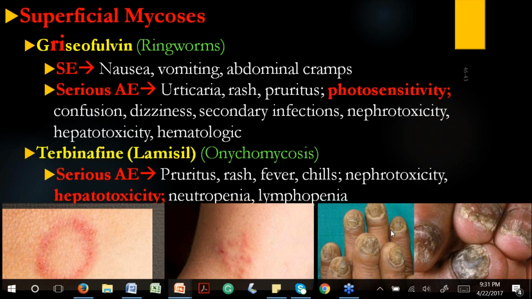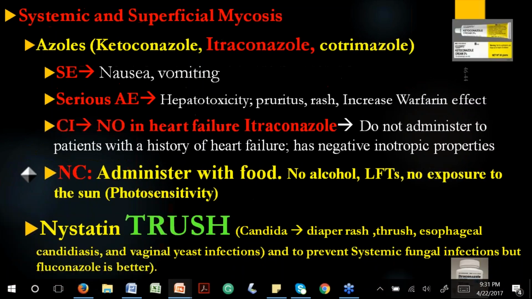The treatment should be superficial, some creams, ointments, and or PO. For example, we can give griseofulvin, which is in PO presentation. Terbinafine is going to be in cream presentation. Both together can actually make the treatment shorter and more successful.